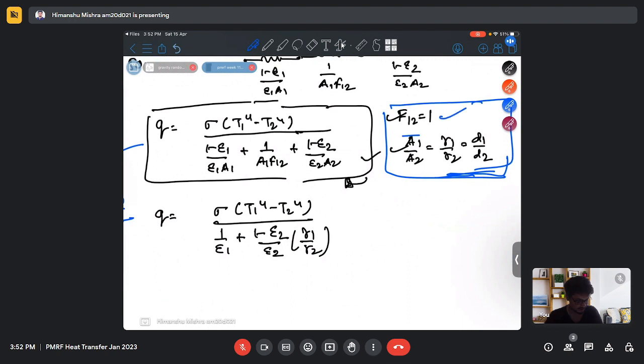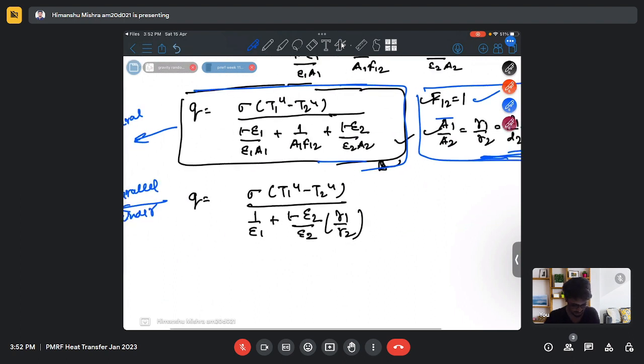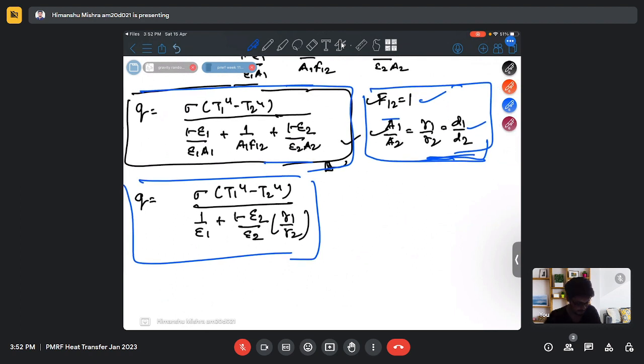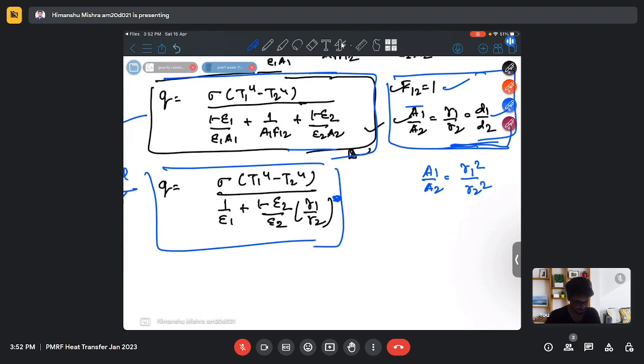By putting these two points into the general heat transfer expression, we reduce our heat transfer relation for two long parallel cylinders. For the spherical case, A1 by A2 will be equal to R1 square by R2 square, so there will be a square term for the two concentric spheres, and for the cylindrical case it will be just R1 by R2.